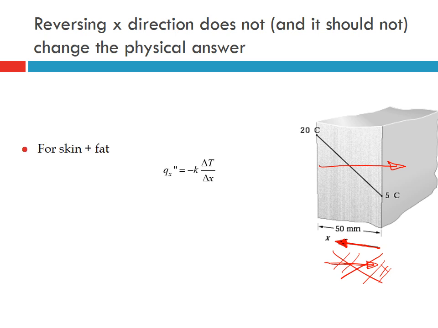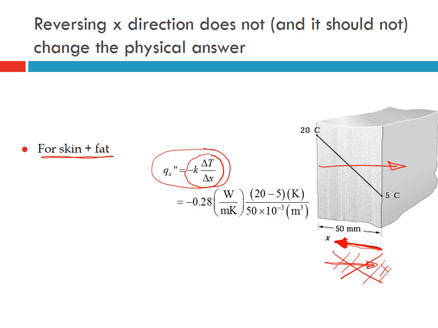Okay, so I'll just do the first part, the skin plus fat with a lower thermal conductivity, and we have the same formula. The meaning of the formula again is this gives me heat flow in the positive x direction. So my positive x direction is this way. So whatever I get here, that would be heat flow in the positive x direction.